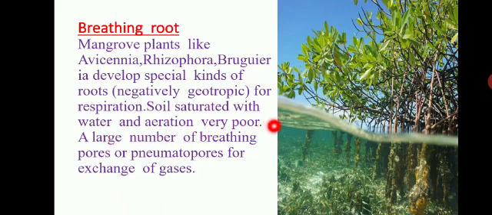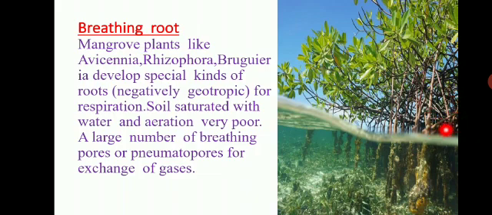Then only it is called a swampy land. Then Avicennia, Rhizophora and other mangrove plants have a breathing root. A large number of breathing pores are present here. The breathing pores are otherwise called pneumatophores.